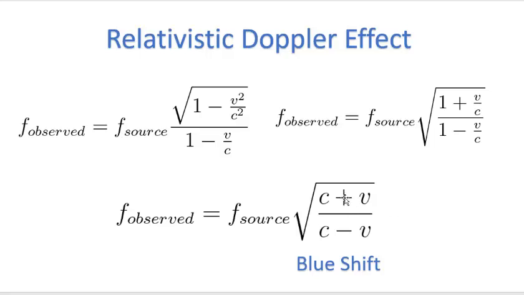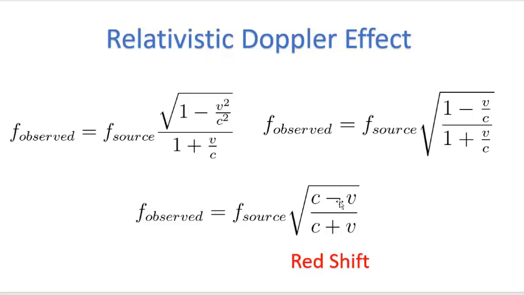And when the plus is on top and the minus is on the bottom, it's a blue shift. And when the minus is on top and the plus is on the bottom, it is a red shift. And so this equation here to me is much more elegant, because it actually has the alpha factor baked into it.